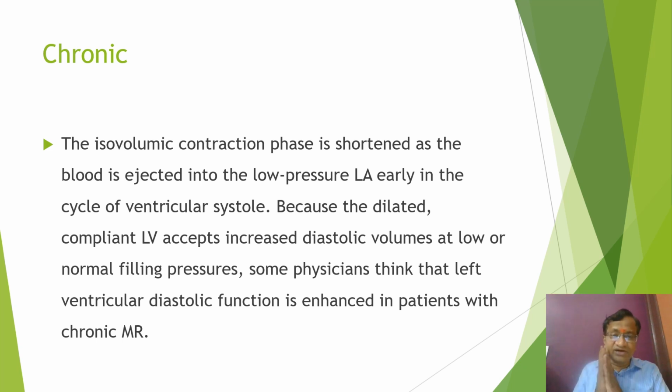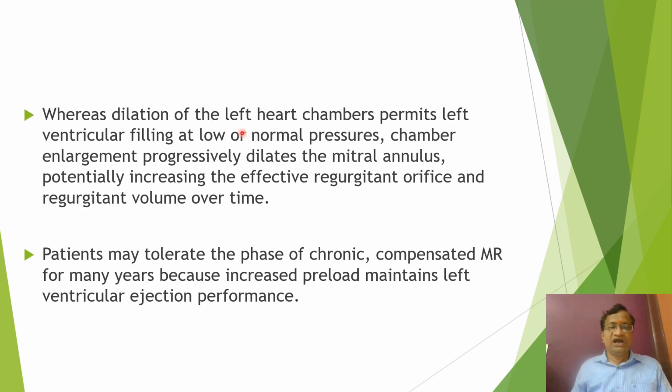Because of the dilated component, LV accepts increased diastolic volumes. They may think that diastolic function is enhanced in patients with chronic MR, but this is not so. Dilatation of the left heart chambers permits LV filling at low pressures. Chamber enlargement dilates the mitral annulus, increasing the effective regurgitant volume.